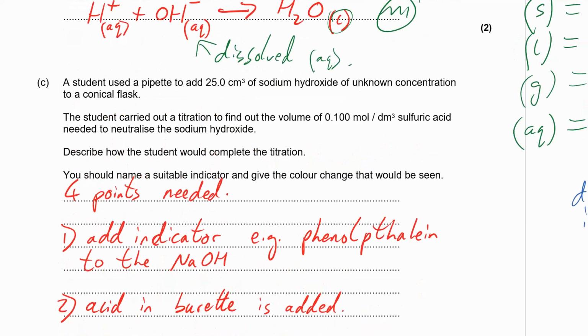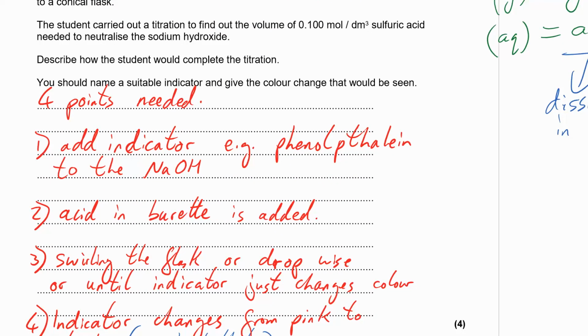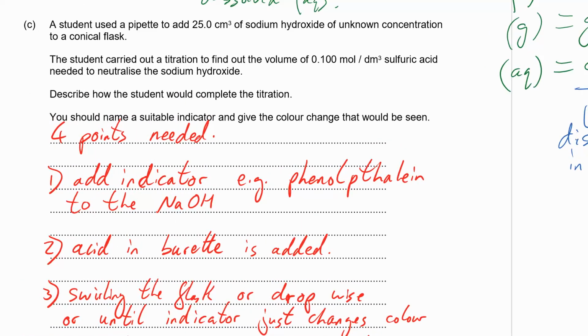Moving on. So question C. You should have all been able to get this. I gave you an example of this type of question, and I said it would be worth 4 marks. So this is carrying out a titration. So first of all, mark 1, add an indicator to the NaOH.